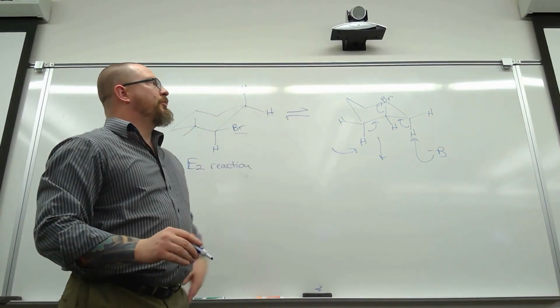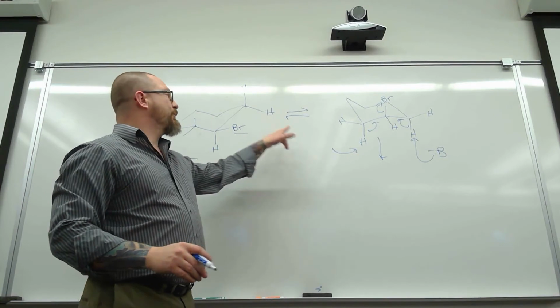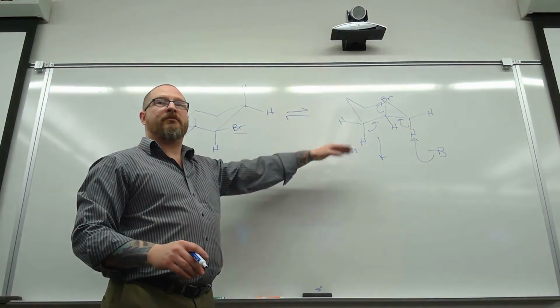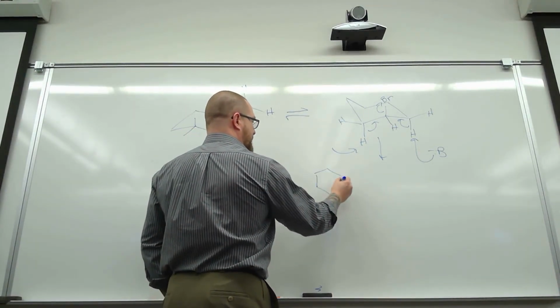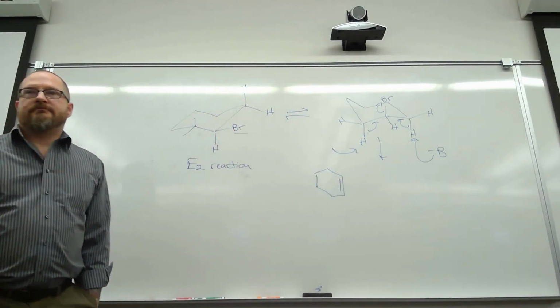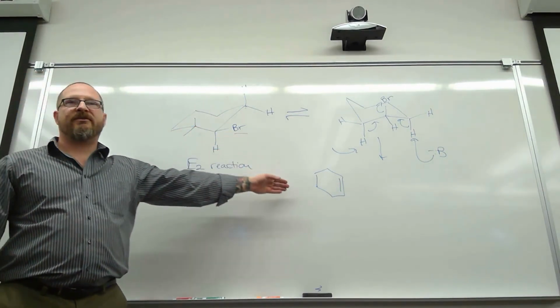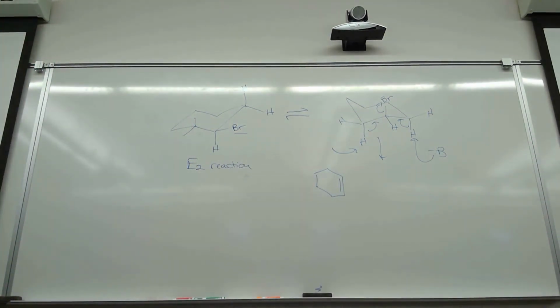In this example, it doesn't matter which one reacts, because the product is going to be the same. It's just going to be a cyclohexene. If this had participated, it would have given the exact same product. That's not always going to be the case, though.